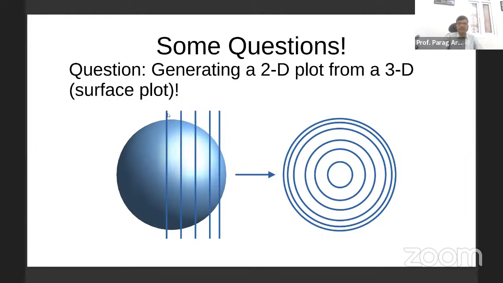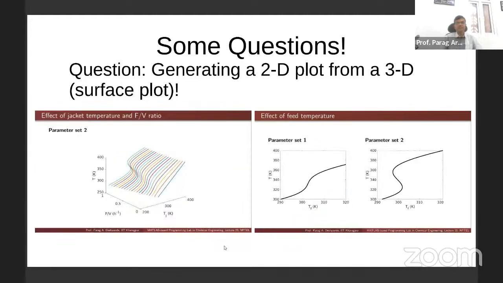If I cut it from the center, I'm going to get the largest two-dimensional circle, right? So the way you get a 2D plot from a 3D plot depends on where you are actually looking, which section you are looking at. Because in this example, this entire section has a constant value of y. y is constant, x and z are variable, right?